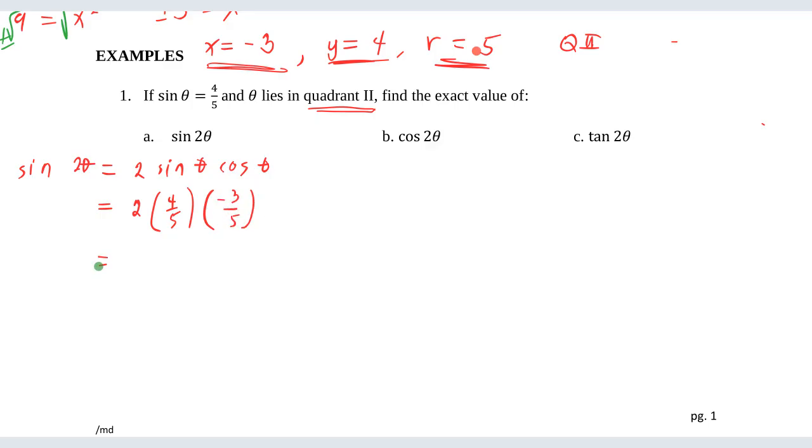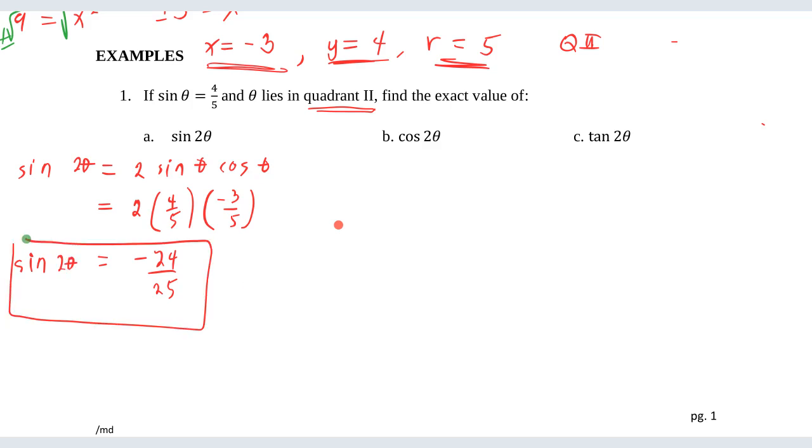Now we multiply everything here. So we have 2 times 4 times negative 3, we get negative 24, over 5 times 5, we get 25. I believe this is already in simplest form, so this would now be our final answer.